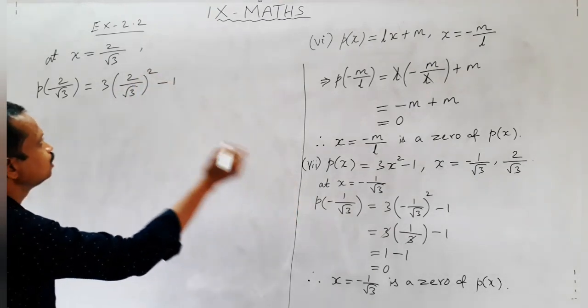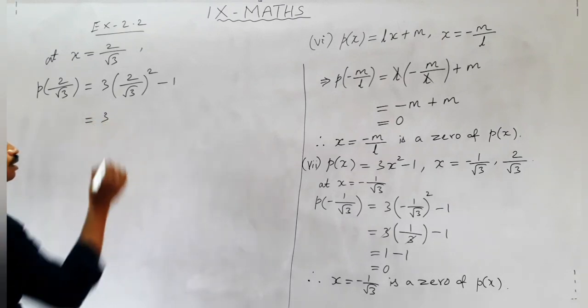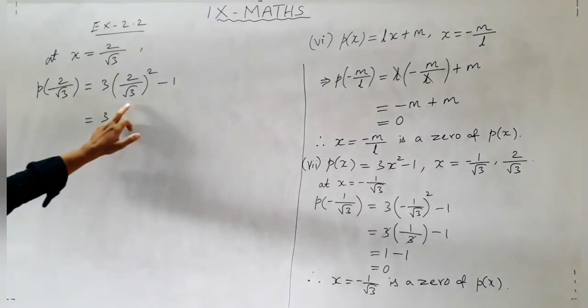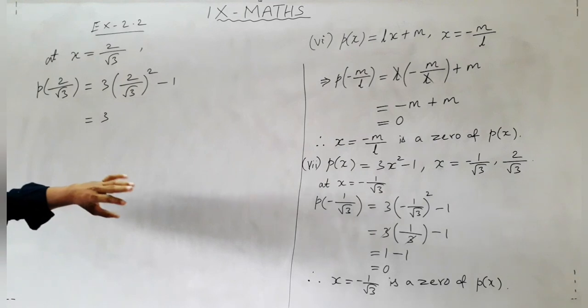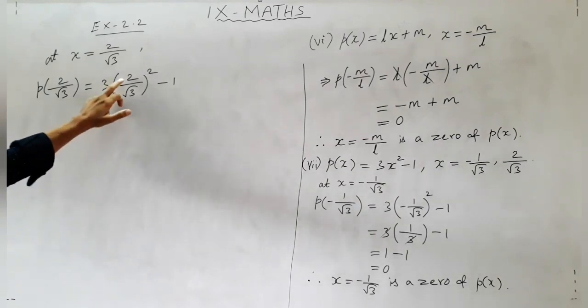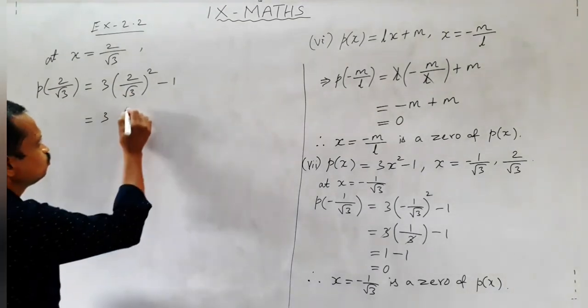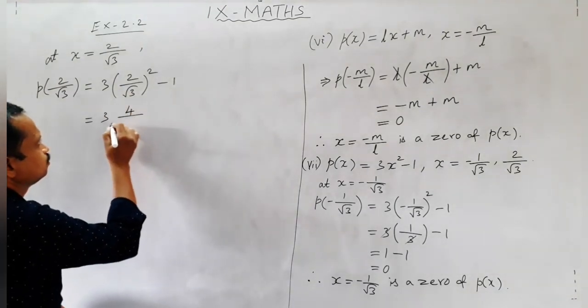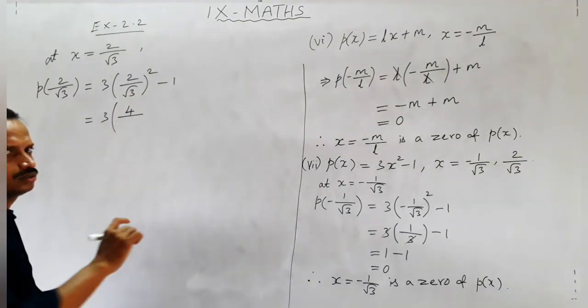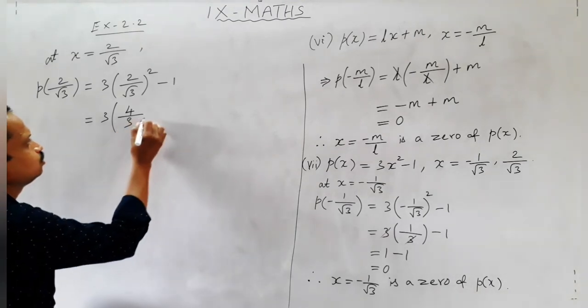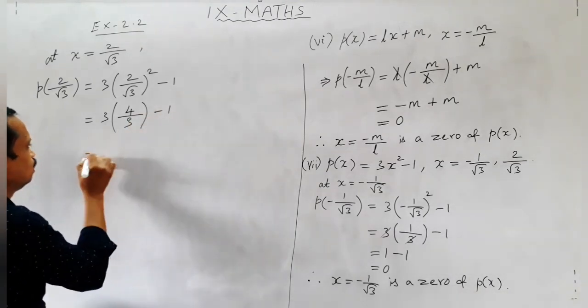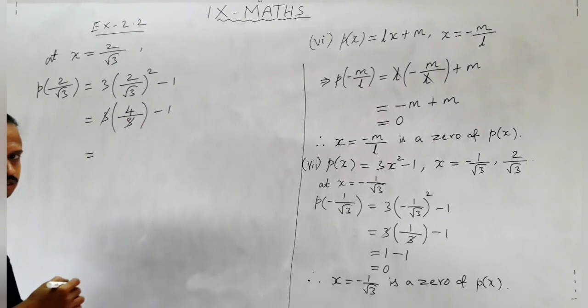Clear? And now the 3 stays, and then the whole square, so you have to remove it. If you apply square for the numerator 2, what happens? 2 into 2, 4. Root 3, if you apply square, you get 3. That's all. And again this 3 gets cancelled.